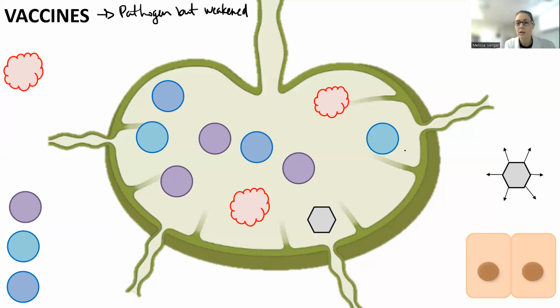So we take this virus, and we still have its spike proteins on the ends, but we've chopped up its genetic material so it can't actually do anything. It would normally have DNA or RNA inside, but as we make it a vaccine, it will be empty on the inside instead.